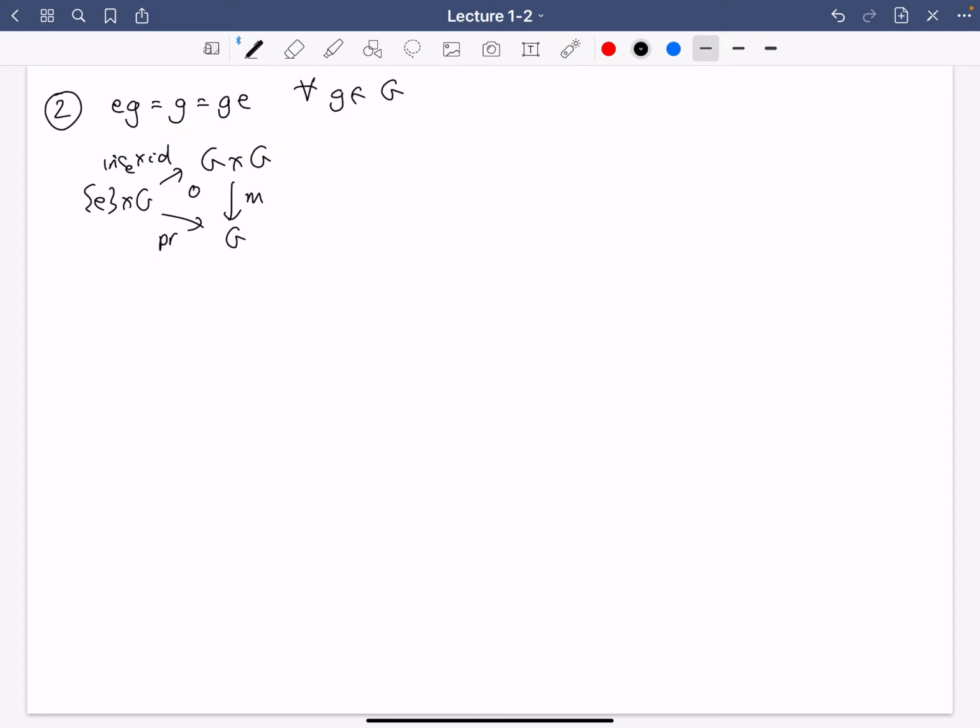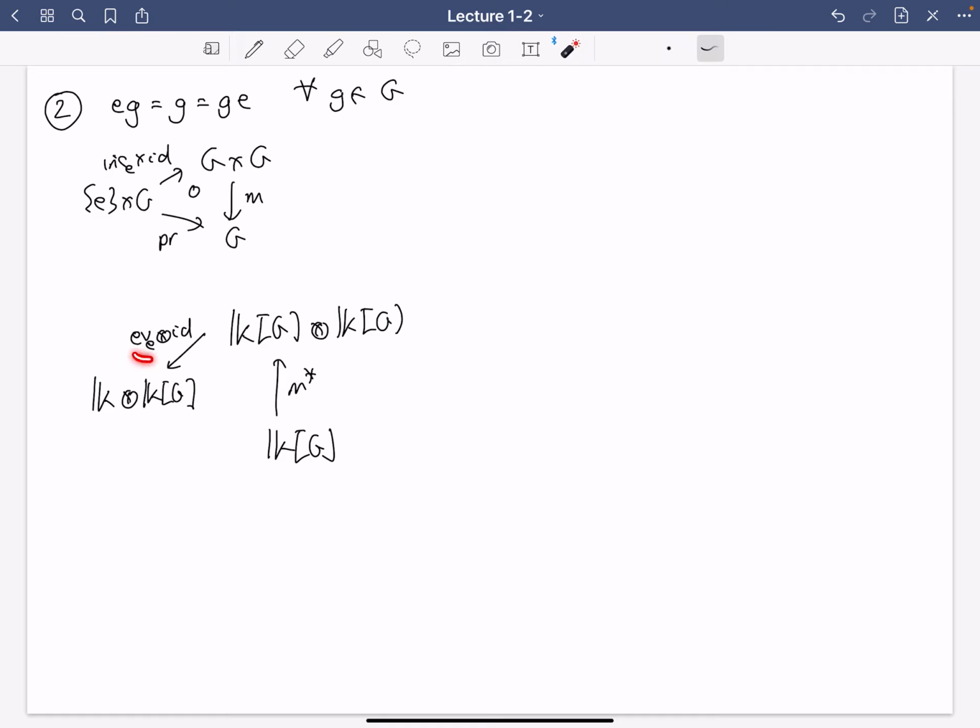And from that diagram, if I just dualize everything, I take comorphisms everywhere, I get K of G tensored K of G, I get M star, K of G, and the coordinate algebra of a point is just the field, tensored K of G. This will be the comorphism of the inclusion of E, which is this evaluation at E. So this is this co-unit right here.